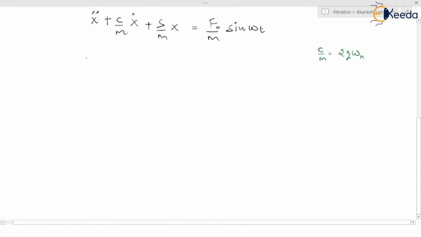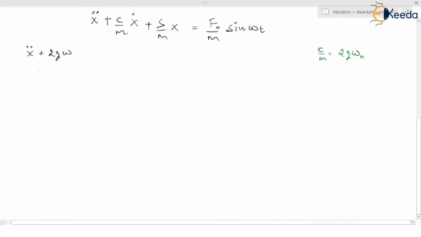So there will be x double dot plus 2 zeta omega n x dot. You cannot write it as C by M because sometimes in the examinations they will give you the damping ratio, damping factor, and they will give you the frequency of natural vibrations, so you can say natural frequency.